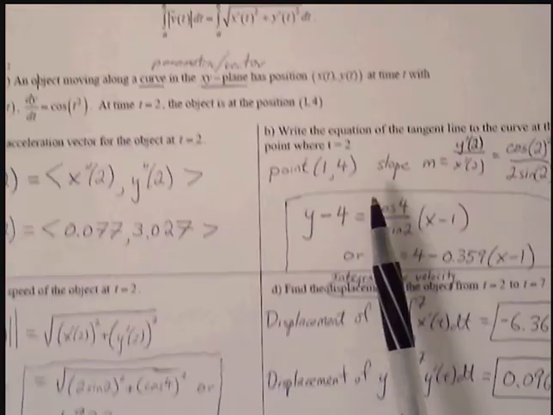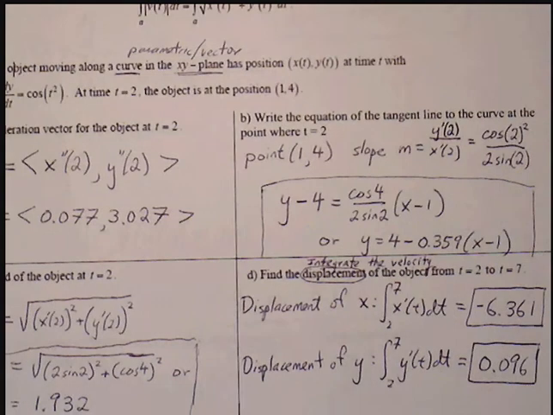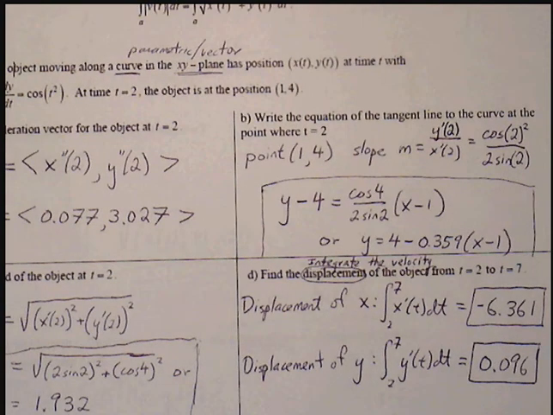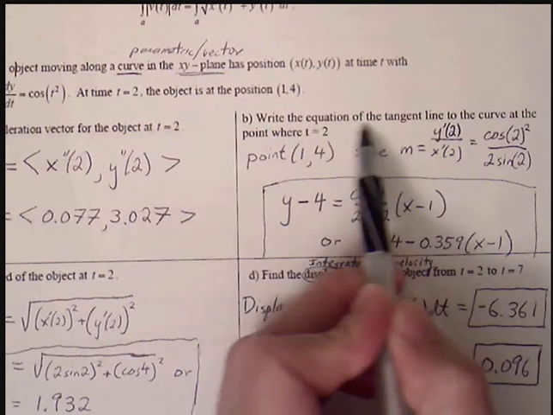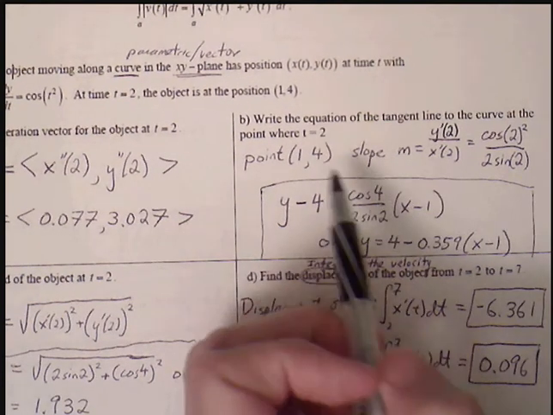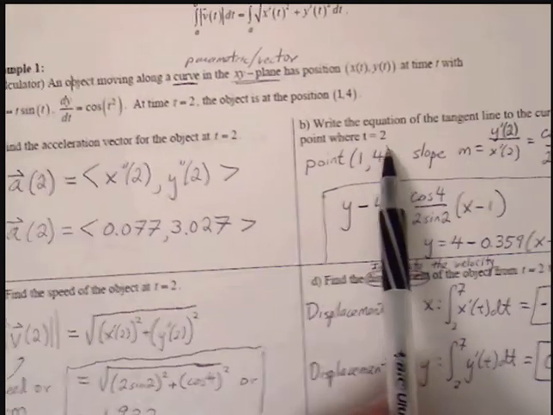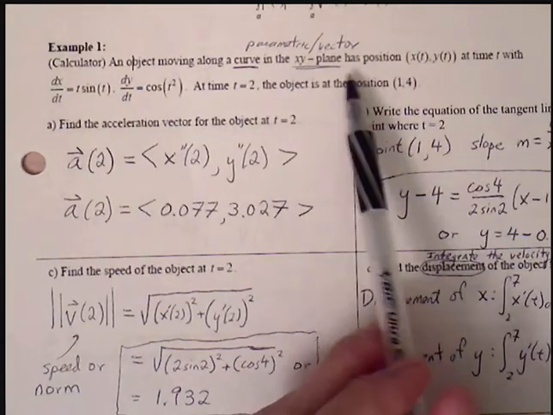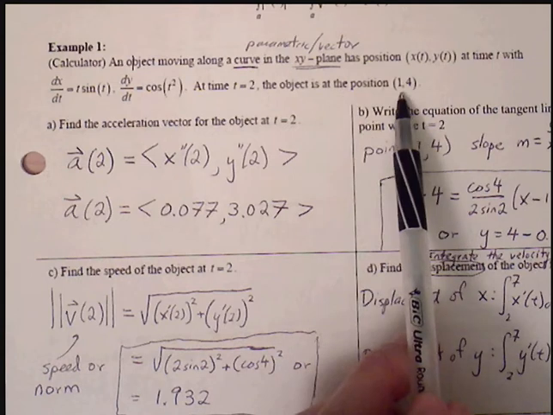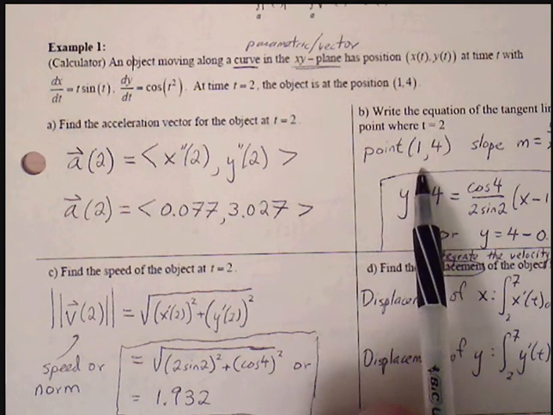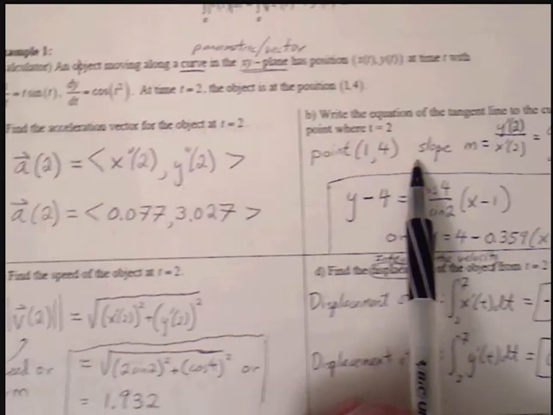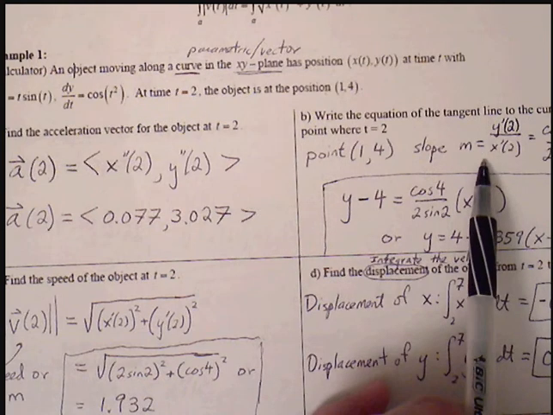Part B, write the equation of the tangent line to the curve at the point where t is equal to 2. All we need is the ordered pair and the slope. The ordered pair at t equals 2 is provided for us: at time t equals 2, the object is at position (1, 4), so there's our point. Our slope is simply going to be y prime of 2 over x prime of 2.